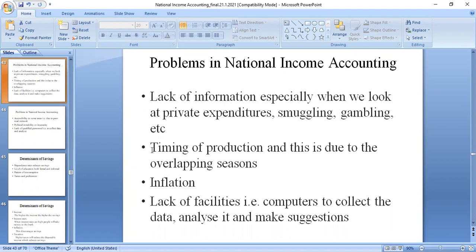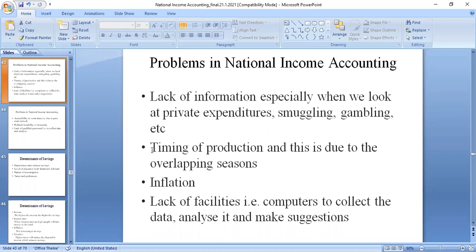So it can happen that the national accounts are taken in a period where the business is booming. So you may end up getting high GDP figures, and at the end of the day you conclude that the economy is faring well in terms of GDP figures or economic growth. But the timing when you took those national accounts is misguiding you in terms of the figures that you came up with. So there is that problem.